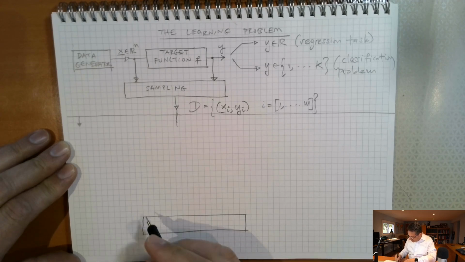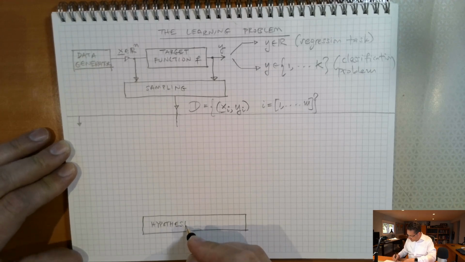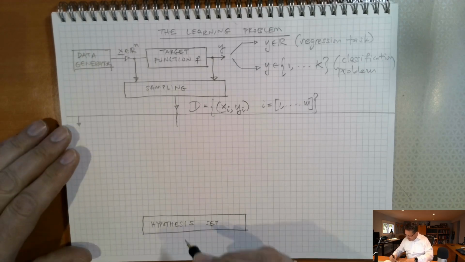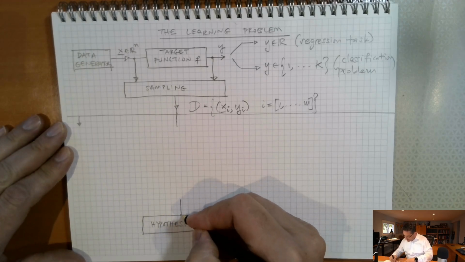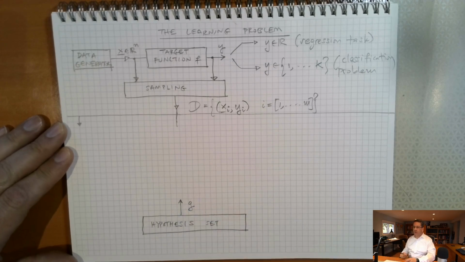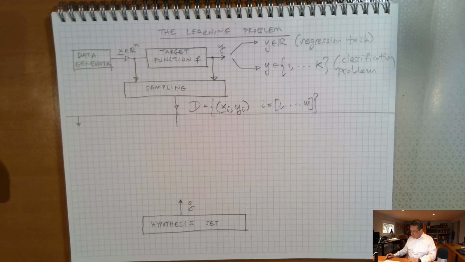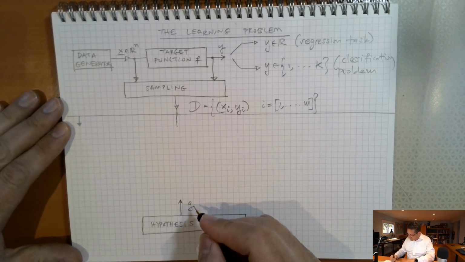And this actually is called the hypothesis set. So the hypothesis set is our own guess about the nature of this target function. So we're trying to guess what it is. That's what we need to do.